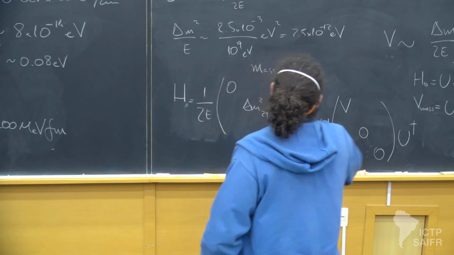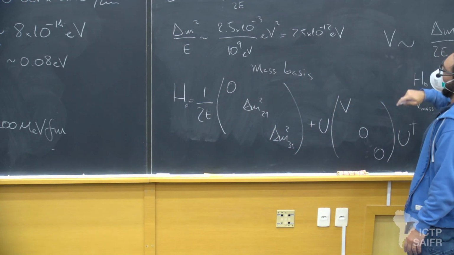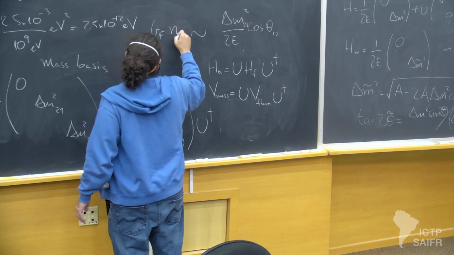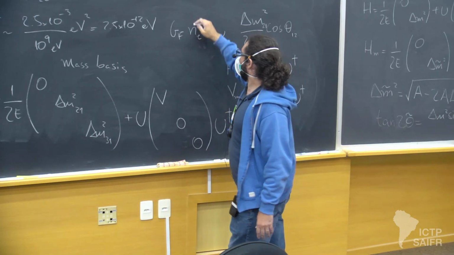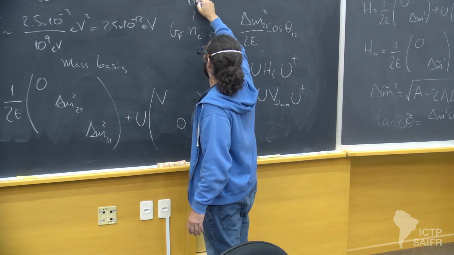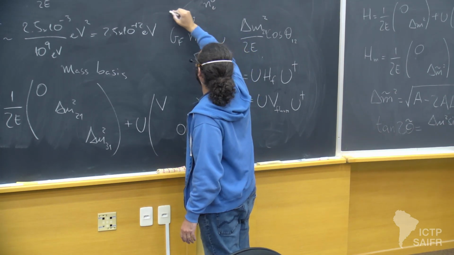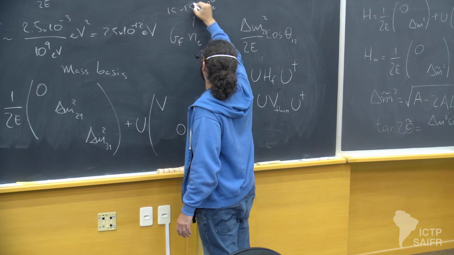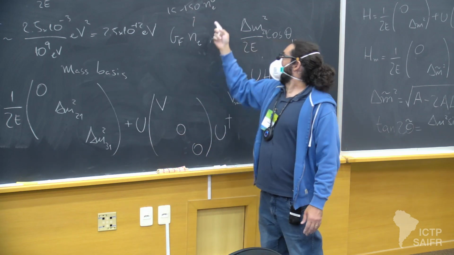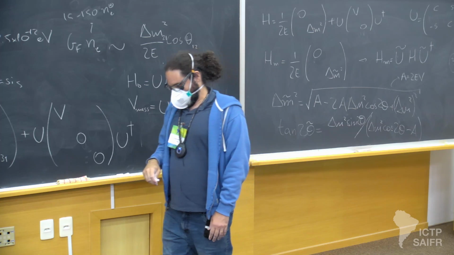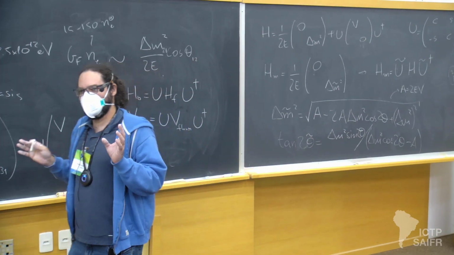So, okay, if I do this in the sun, let me put here G Fermi electron density. The electron density in the core of the sun is about 150 times the Earth electron density, or let's say between 15 to 150 times the density of electrons on the Earth. And the sun is actually a much more rich system.